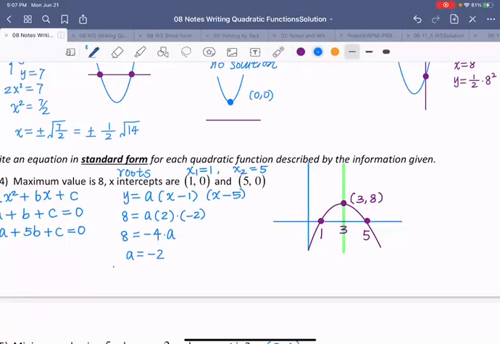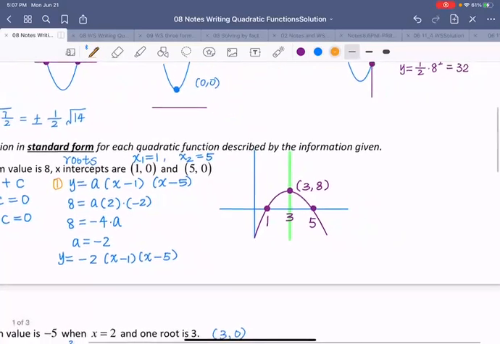Very good. So y equals negative 2 times (x minus 1) times (x minus 5). Okay, this is the first way.